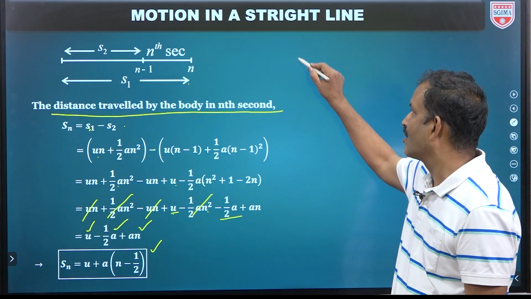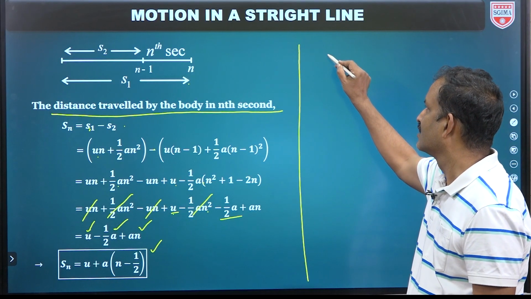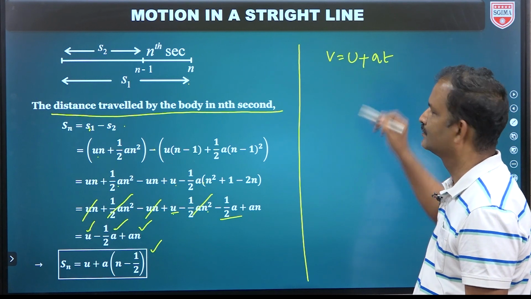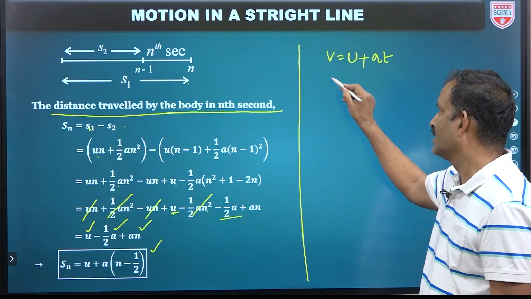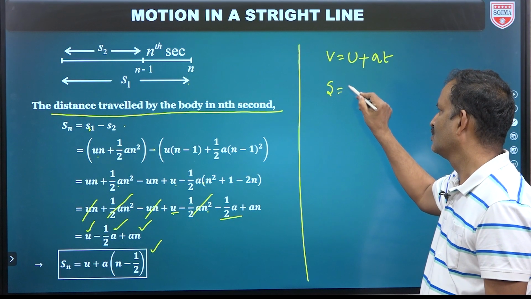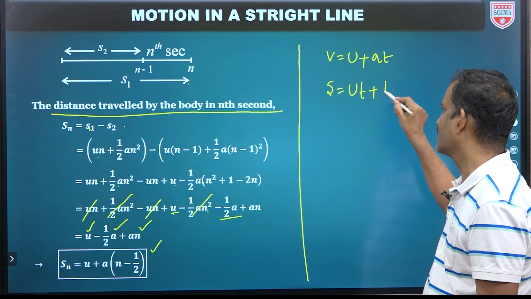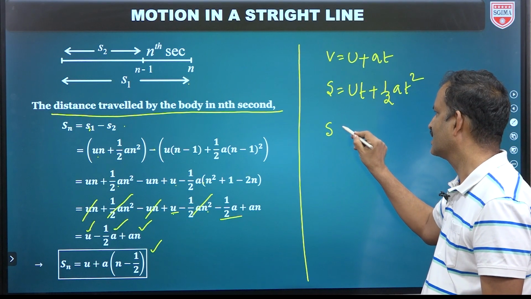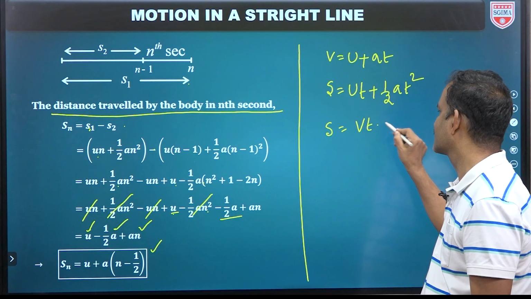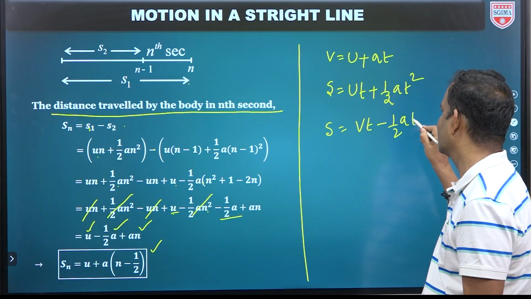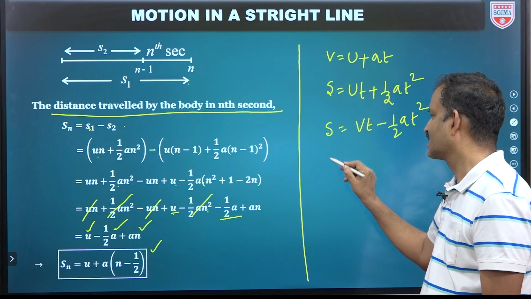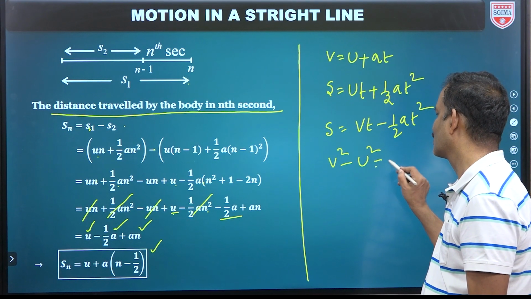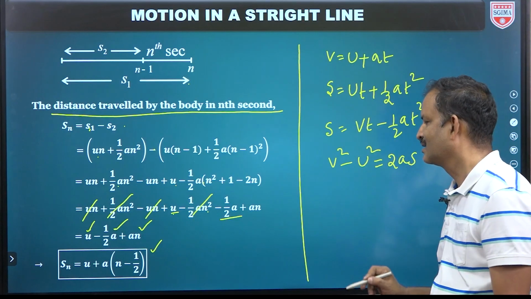So, the basic equations are v equal to u plus at. Next, s is equal to ut plus half at square. One more equation, s equal to vt minus half at square. Next, v square minus u square is equal to 2as.